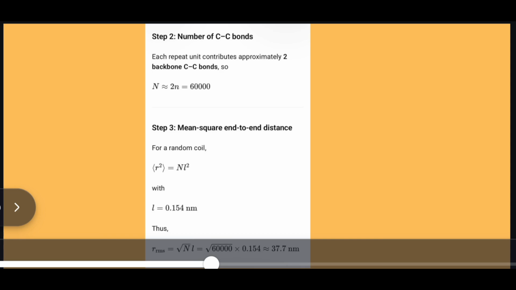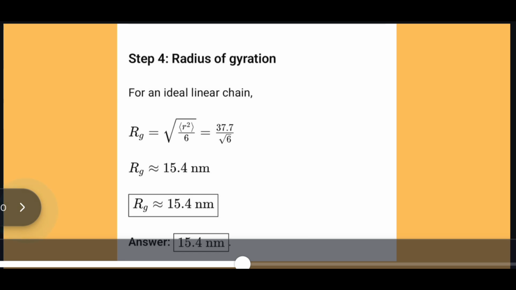In step 3, we'll calculate the mean square end to end distance. For a random coil, R square is equal to n into L square, with L equal to 0.154 nanometer. Thus, RMS is equal to root of n into L, that is root of 60,000 into 0.154, that is equal to 37.7 nanometer.